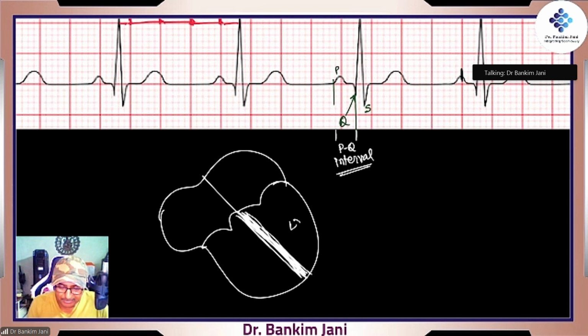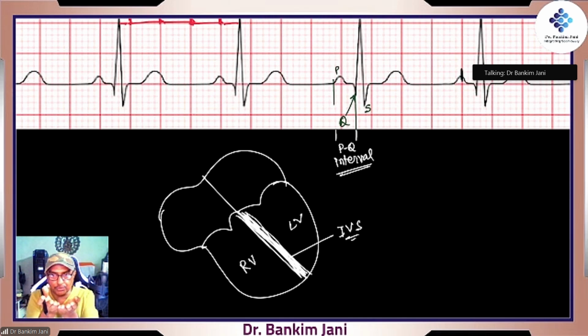So this is the left ventricle, this is the right ventricle, and this is our interventricular septum. Now, when we ask why there is positive deflection or negative deflection, simply understand this is the principle of electronics. It has got nothing to do with left ventricle or right ventricle. Everything is happening because of the electronic principle.